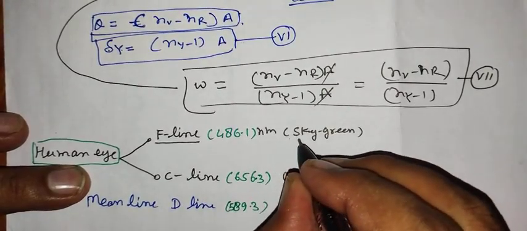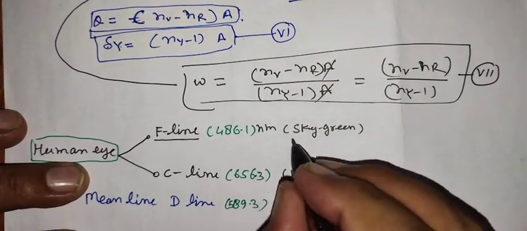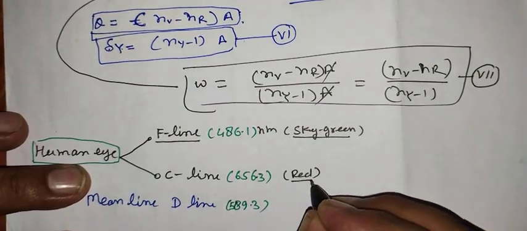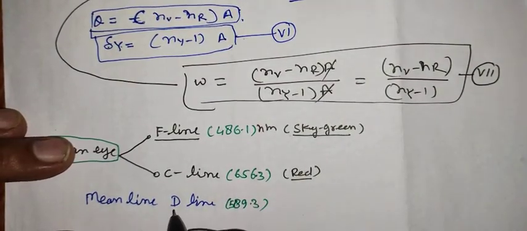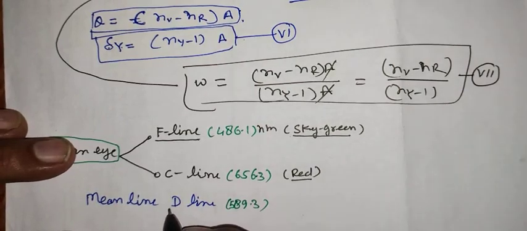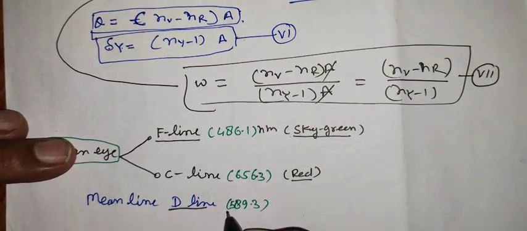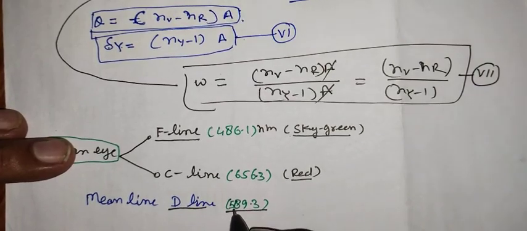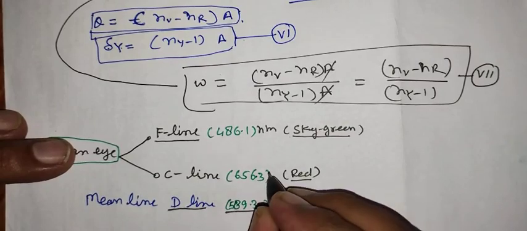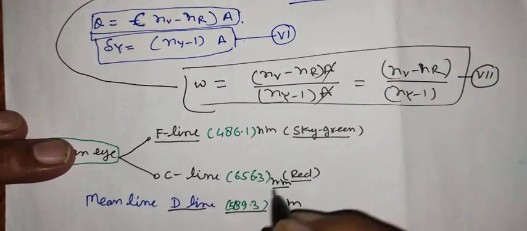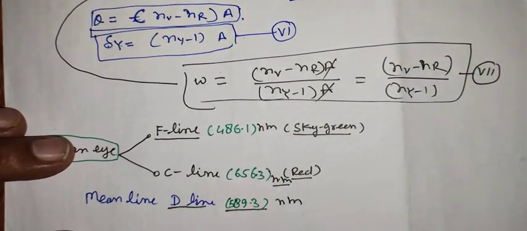These two colors are more sensitive to the human eye, and the mean color in the hydrogen spectrum is known as the D line, whose wavelength is 589.3 nanometer. This wavelength is also in nanometer for mean color.